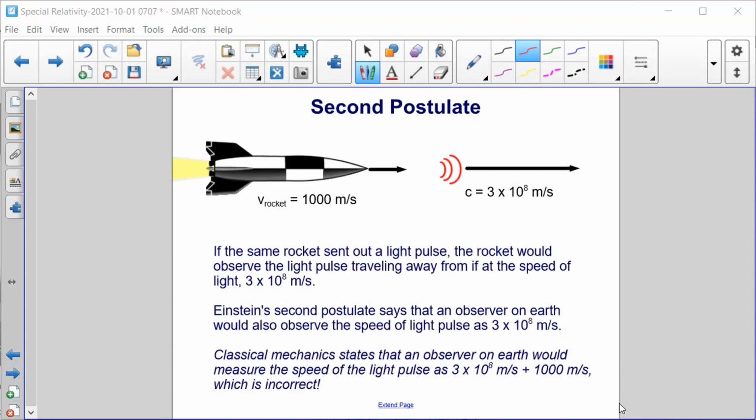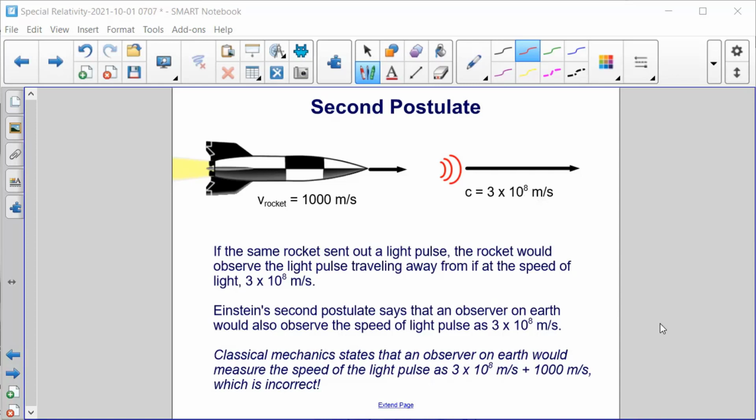If the same rocket, moving 1,000 meters per second, sent out a light pulse, so traveling at the speed of light, the rocket would observe the light pulse traveling away from it at the speed of light, 3 times 10 to the 8th meters per second.